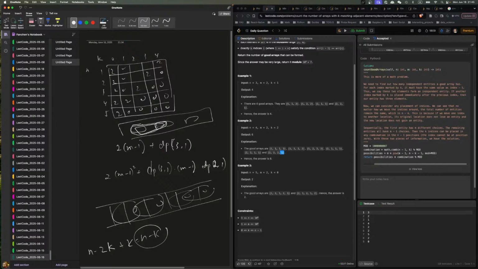When they overlap, we lose an entity, so these two become one entity. Because initially we have, let's say, 3 entities. Now we have 2 entities.